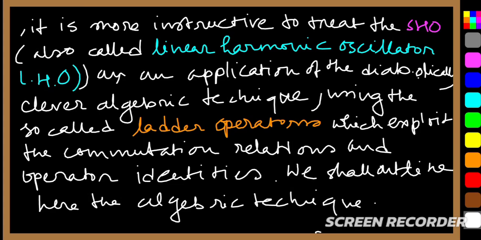So as an application of the diabolically clever algebraic technique, using the so-called ladder operators, which exploit the commutation relations and operator identities, we shall outline here the algebraic technique.